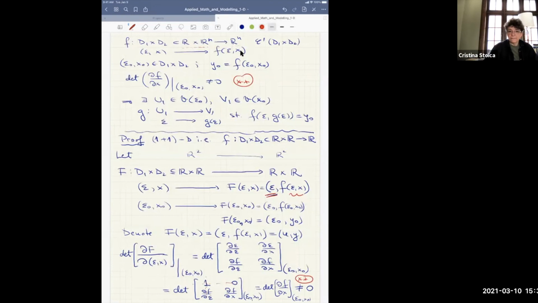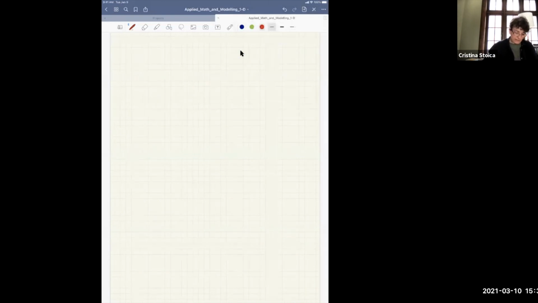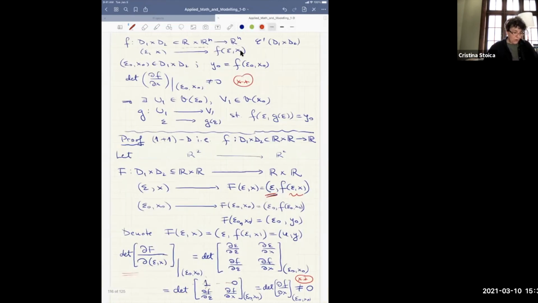So the Jacobian of the capital F is non-zero. This means that we can invert capital F. And that's the key. We invert capital F, and then we do a little bit of mumbo jumbo, and we're done.